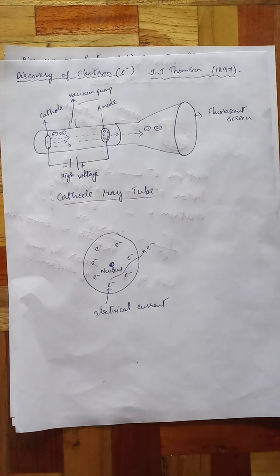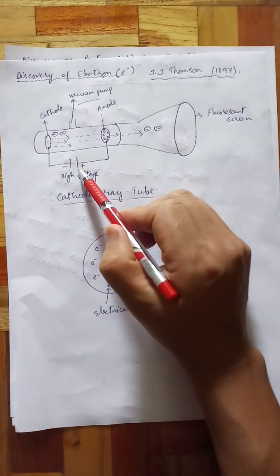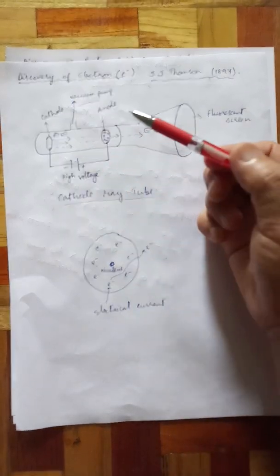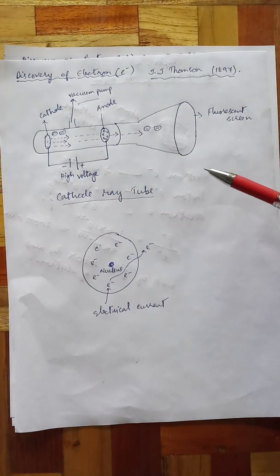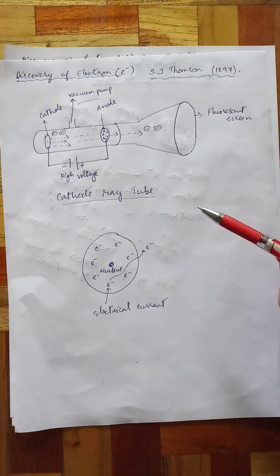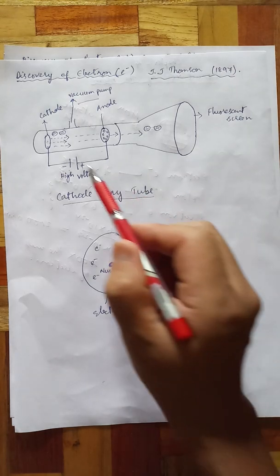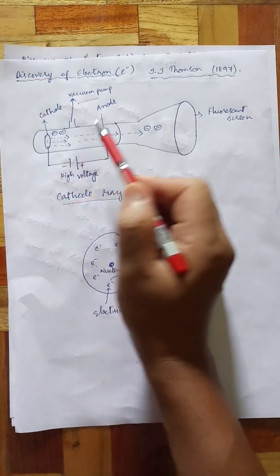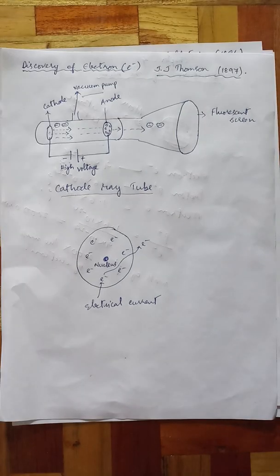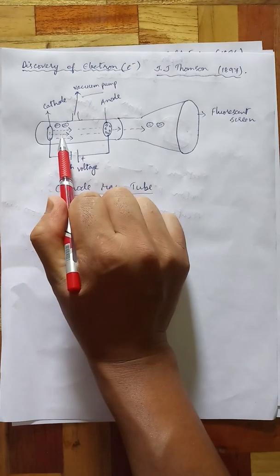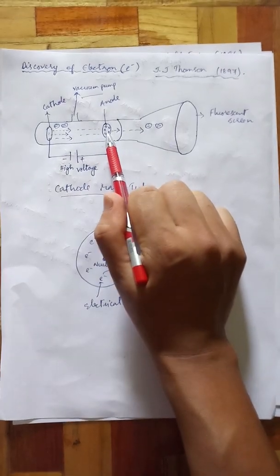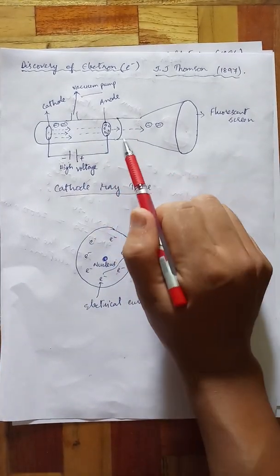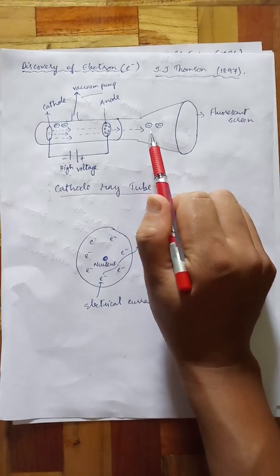So in a dark room, when an electric current is passed through a gas at high voltage and very low air pressure, he found that a stream of minute particles is emitted by the cathode, and the small hole at the anode allowed this beam to pass through it.